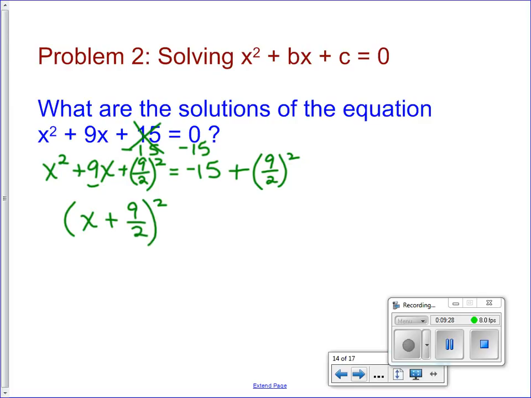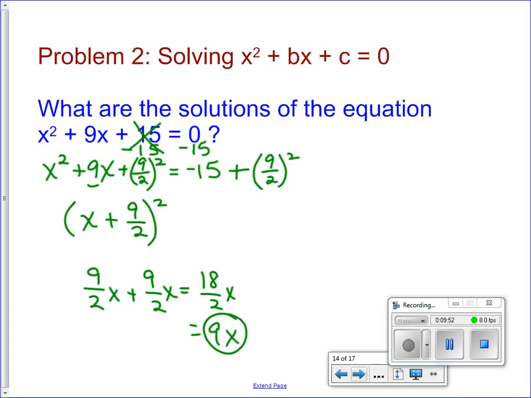If I were to write it out and FOIL it, I would have as my outer term and inner term 9 over 2x plus 9 over 2x, which would be 18 over 2 times x, which is 9x. And that 9x is exactly what we want because we have 9x in our equation.